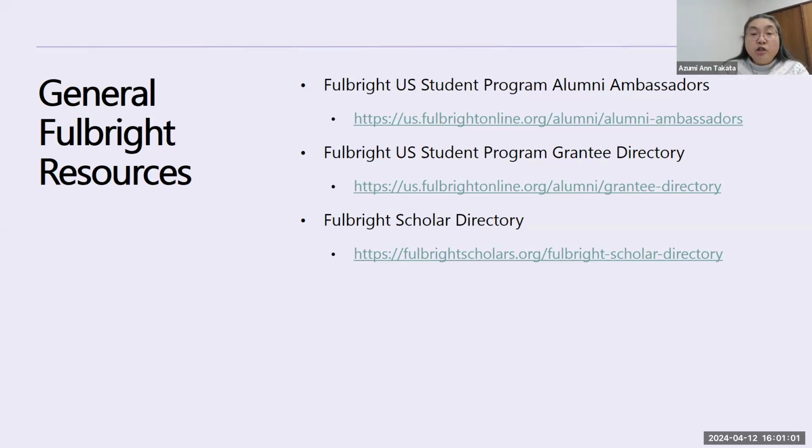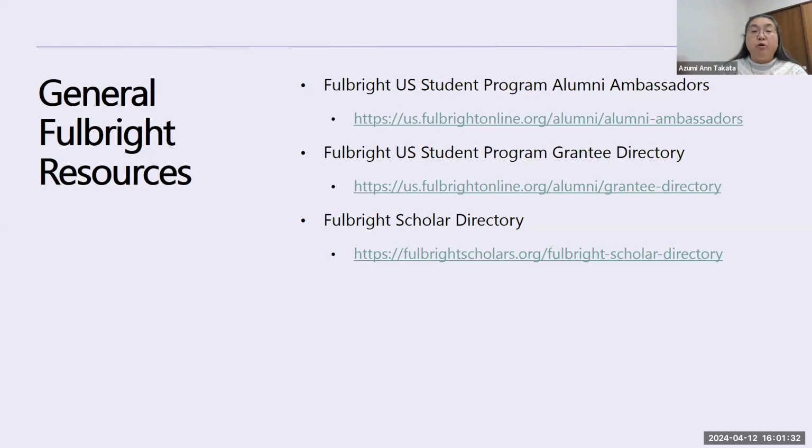And in this directory, you will find the U.S. scholars who have gone abroad, as well as foreign scholars who have come to do research in the U.S. And so you can search them again by where they went, what discipline they are, which universities they're from, as well as which universities they were affiliated with while they were on their Fulbright.